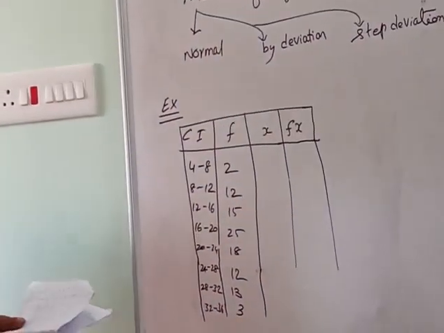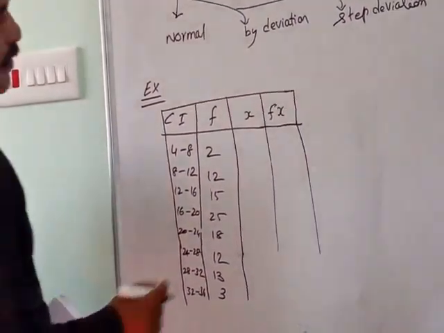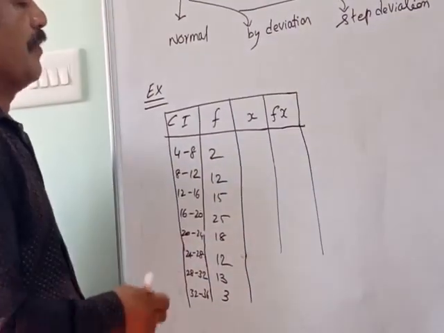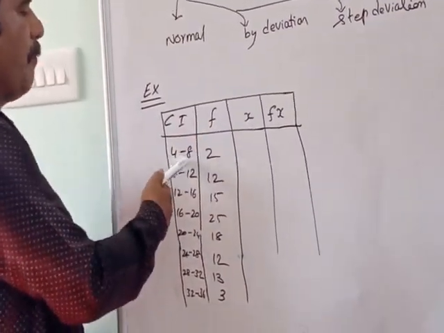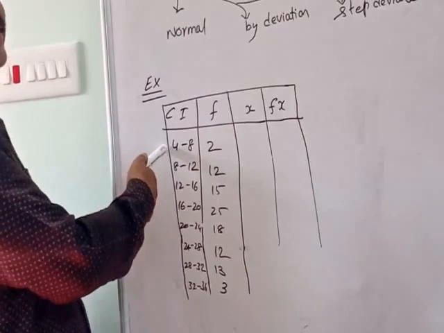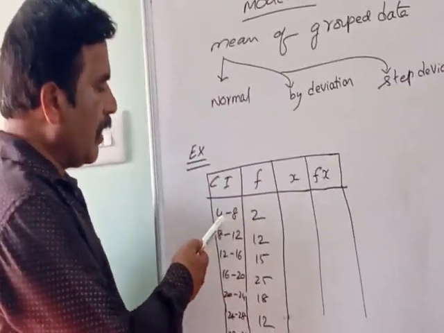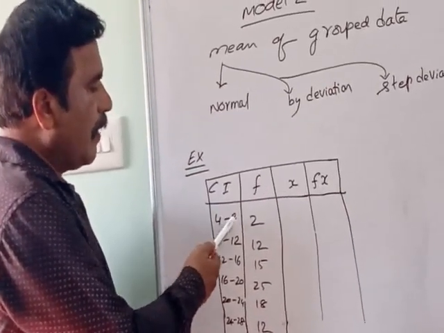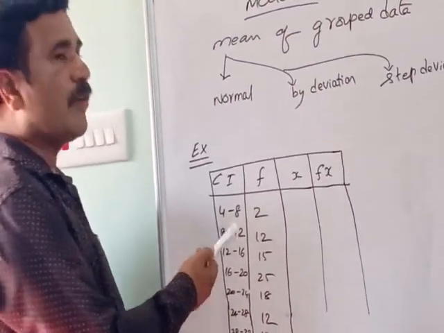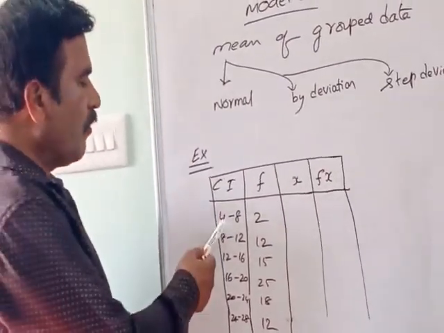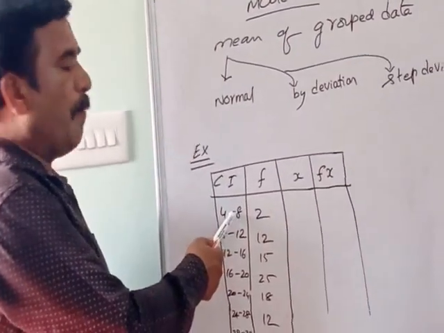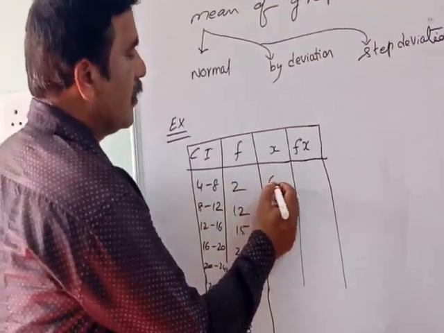Now the x value is nothing but the midpoint of the class interval. See, children, very carefully: for 4 and 8, the midpoint is 6. Or you can get it another way: 4 plus 8 is 12, divided by 2, it is 6.